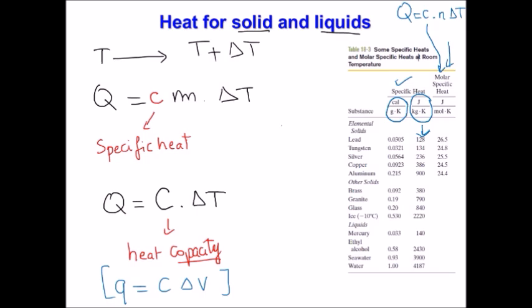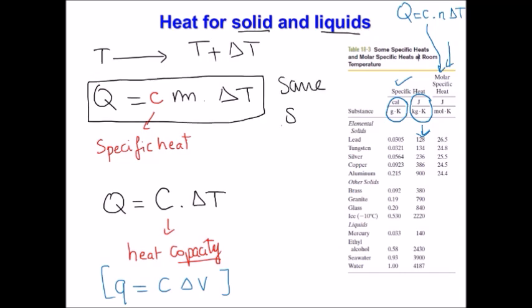There is an important thing to add here. This formula that I just described can be used when we have the same state. What do I mean by same state? Let's say I talk about liquid water, and when I change the temperature by delta T, the water remains liquid.